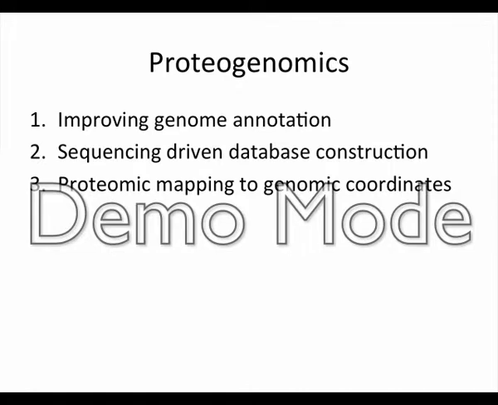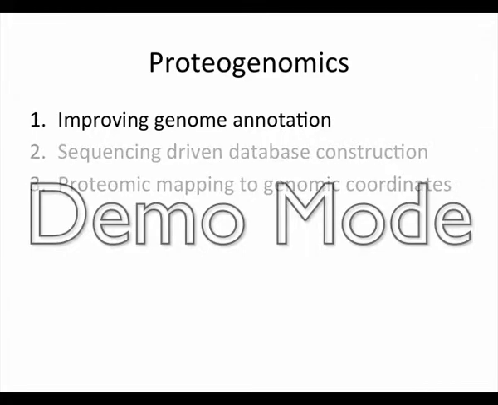So this is just an outline of what we'll be going over: how proteogenomics can be used to improve genome annotation, the construction of these sequencing-driven databases, and then how we can map our proteins back onto genomic coordinates to look at all of our data at the same time.